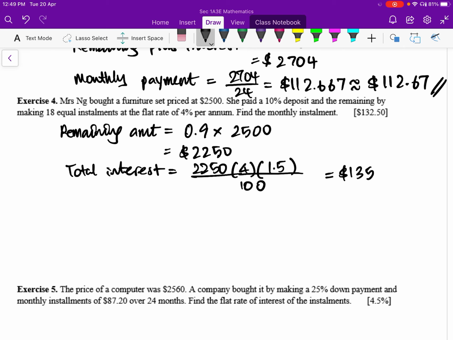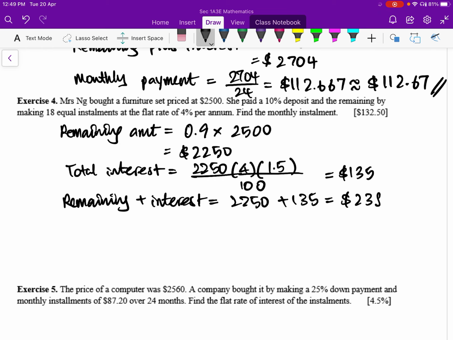Then we take the remaining amount plus interest will be 2250 plus 135. That gives us 2385.